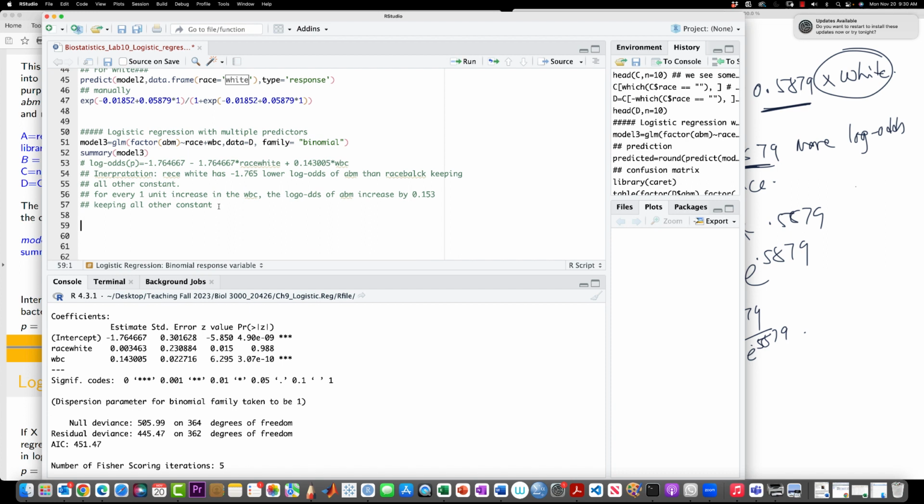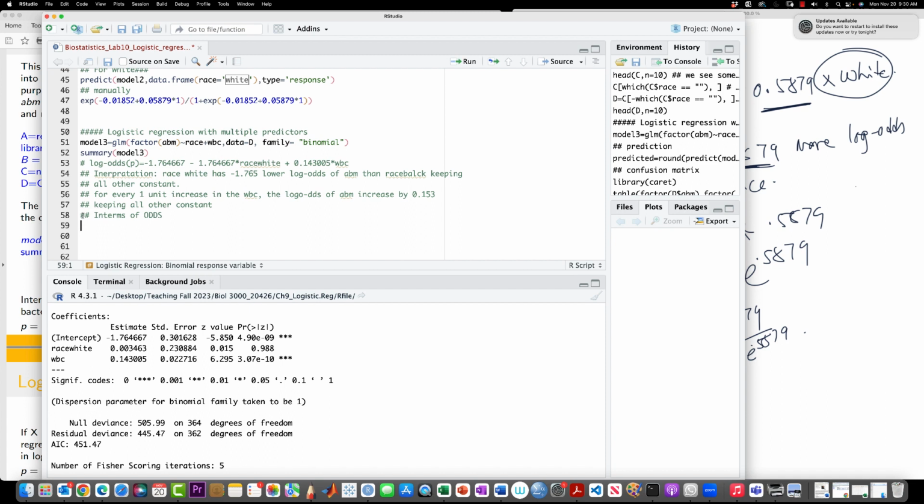But if you want to write in terms of odds only, then you need to take the exponential. So what is another way of doing that? Let me write that in terms of odds only.